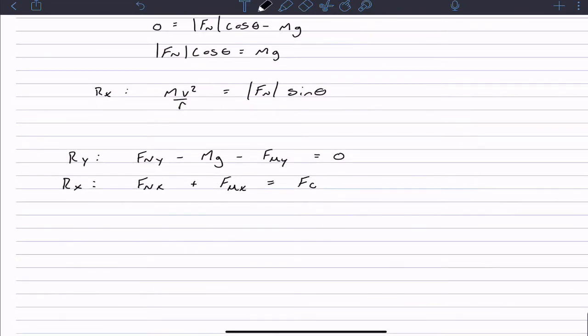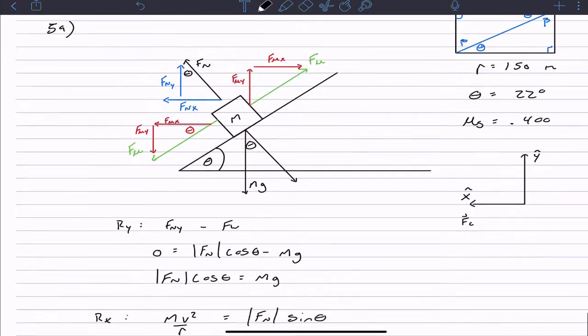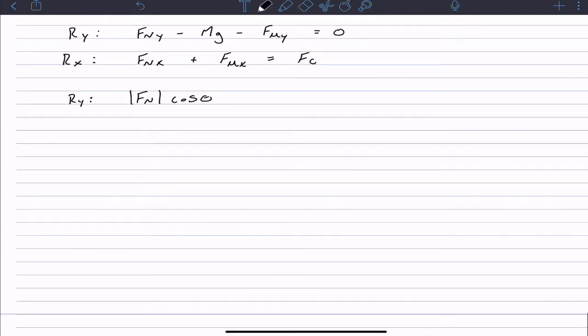Okay, so let's break these down. Let's break them open, I guess we could say. So Fn, recall that theta was actually at the top, so this is cosine theta minus mg minus, I'm going to take this to the other side in just a second.